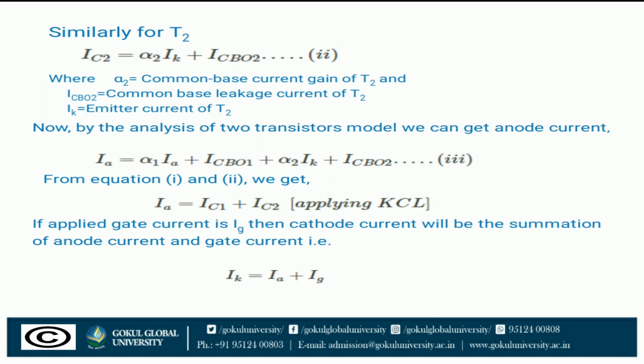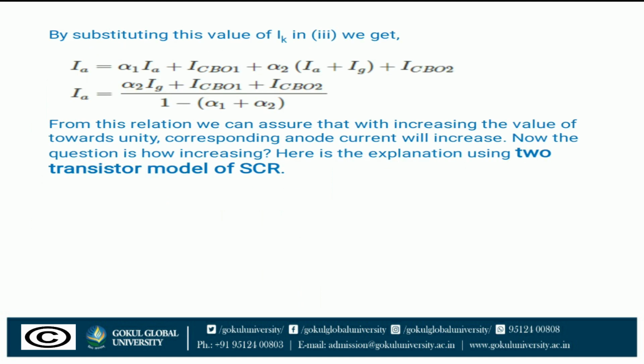When the gate current is applied, IK is equal to IA plus IG. Substituting this value of IK, IA is equal to alpha 1 IA plus ICBO1 plus alpha 2 (IA plus IG) plus ICBO2. In final terms, IA is equal to (alpha 2 IG plus ICBO1 plus ICBO2) upon (1 minus (alpha 1 plus alpha 2)).